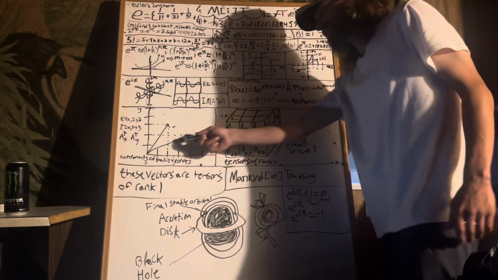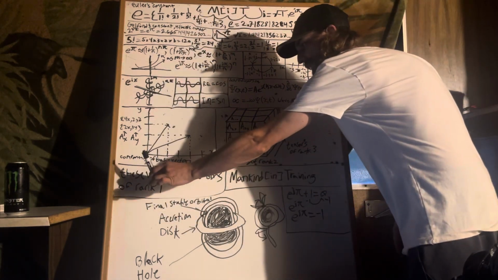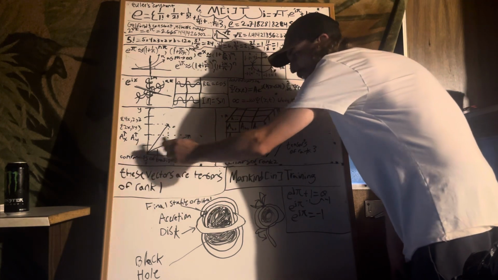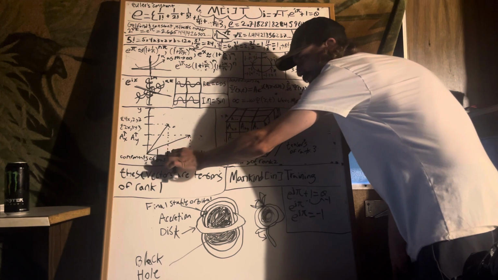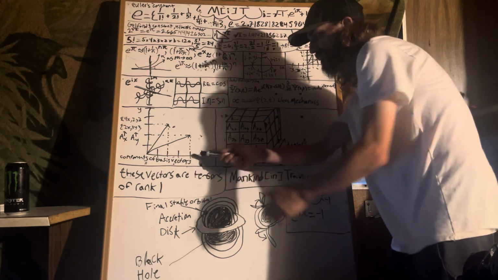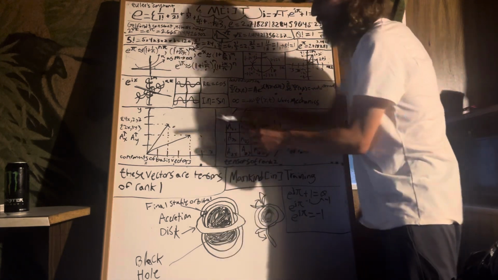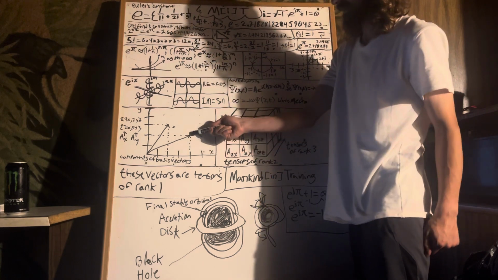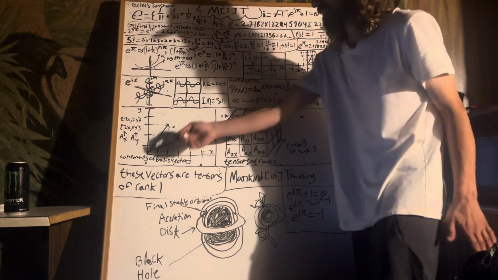So this vector here is made of basis vectors, or base components. So 4x and 2y make up this vector. And then I have a second vector here.